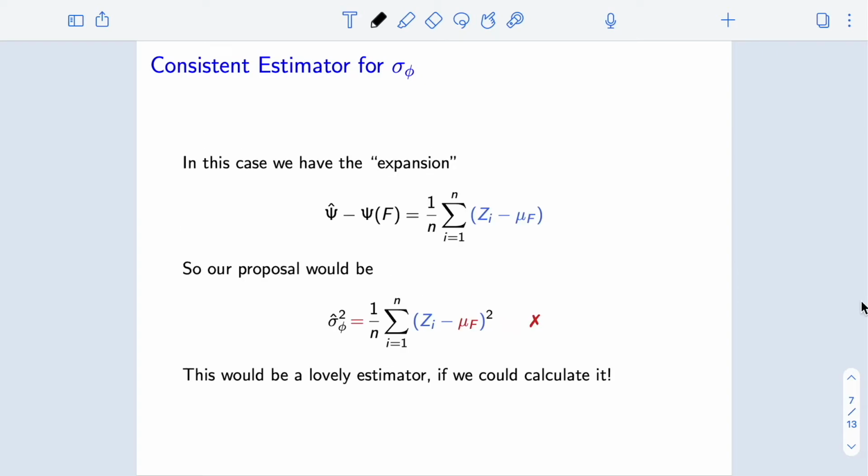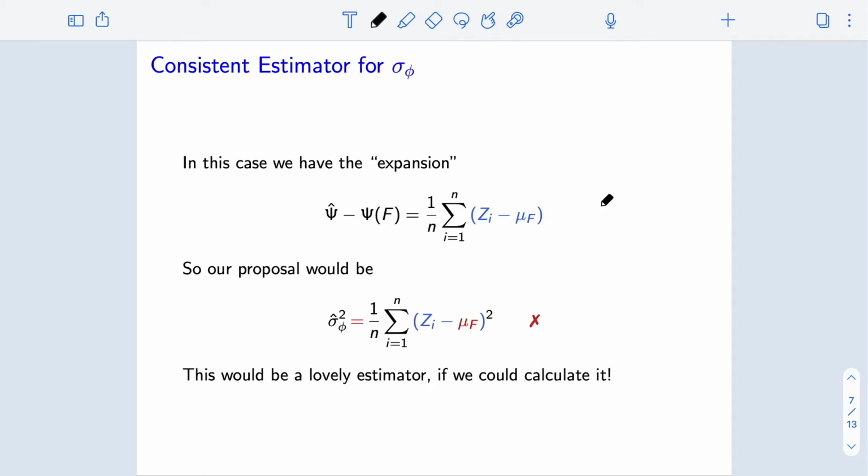All right, so in this case, we have what is an exact linear expansion rather than an asymptotically linear expansion. And if we're using that proposed estimator that I said we can't calculate, what would we do? Well, this is the influence function, right? Phi sub f of z is z minus mu sub f.